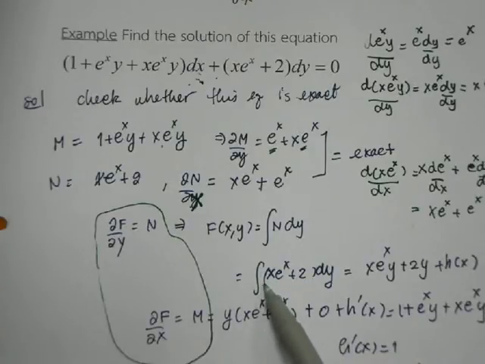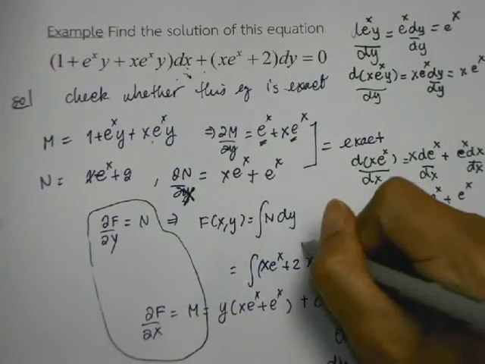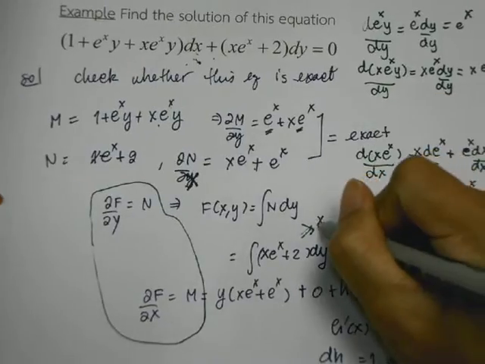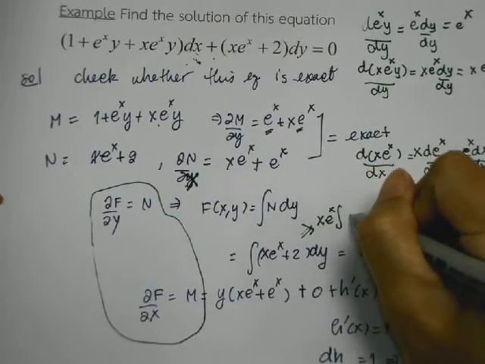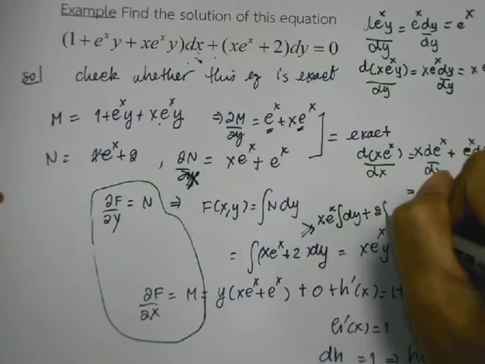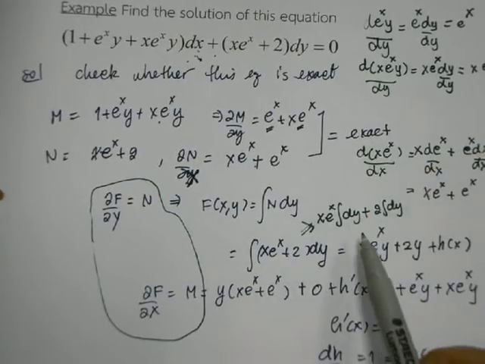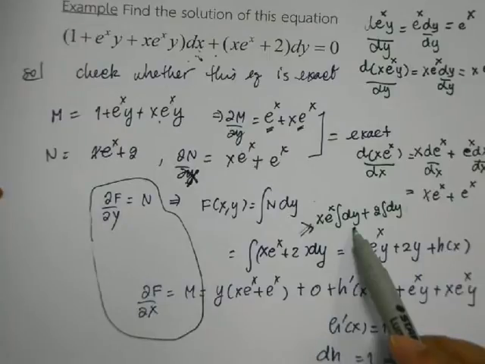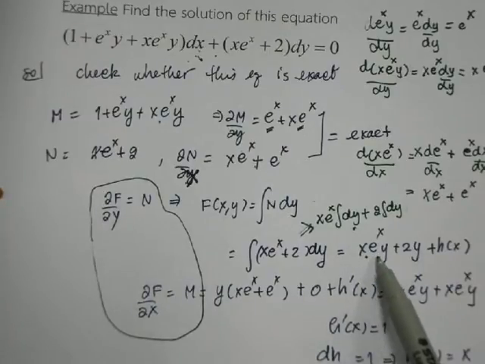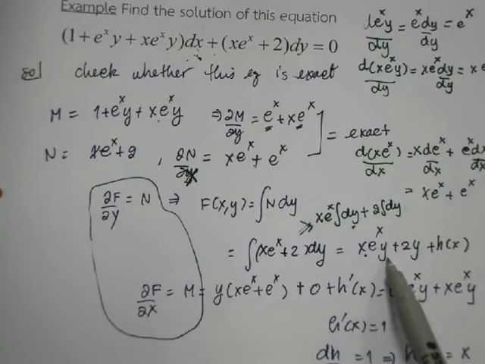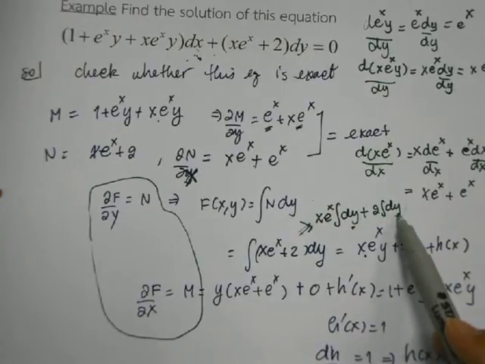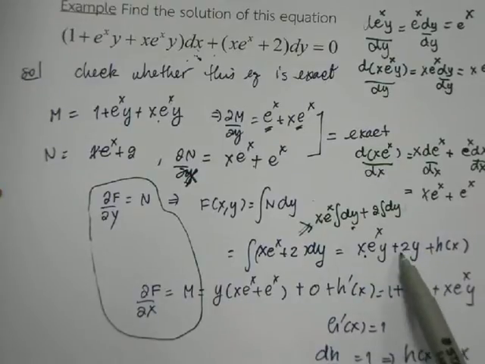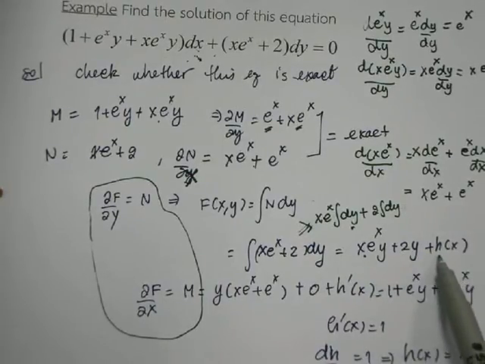So inside you would get x e to the x times the integral of dy, plus 2 times the integral of dy. The integral of dy equals y, so we get x times exponential of x times y. This one, the integral of dy, also equals y, so I would get plus 2y. And then I'm supposed to add a function of x, so I just put it there as h(x).